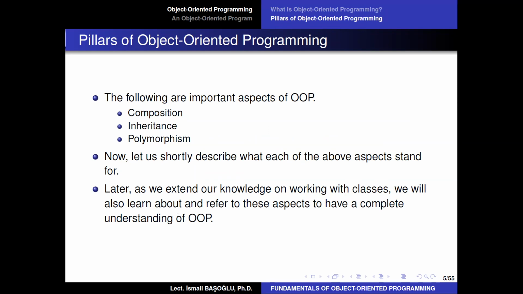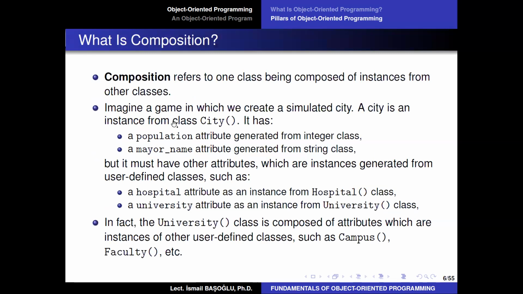We are going to relate them with each other, and we are going to expand our program, which will contain multiple class definitions in it, with the ideas of composition, inheritance, and polymorphism, and you will see how an actual software is going to work around the object-oriented programming philosophy.